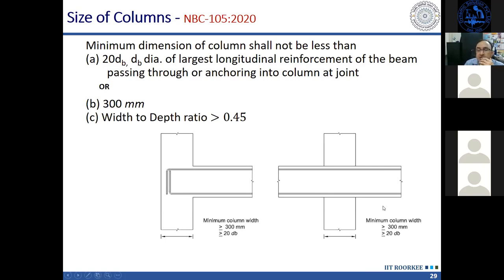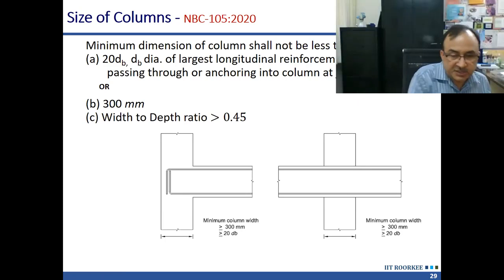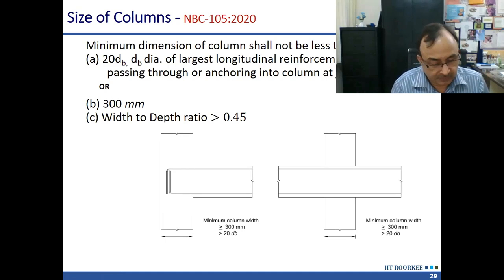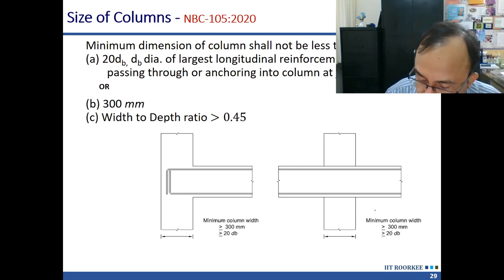Then this beam will bend. Let me use the pen, then perhaps it will be clearer, because this is an important topic. So I want you to understand that. During earthquake, what will happen?